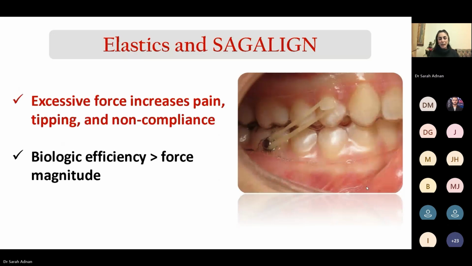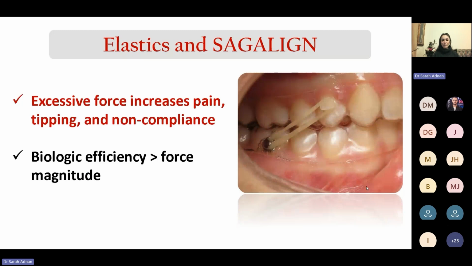So, using elastics with aligners, we are mainly focusing on the force and the size. The most important thing is the force and the size. The force should not be heavy. We focus on using light and medium force. It's essential.